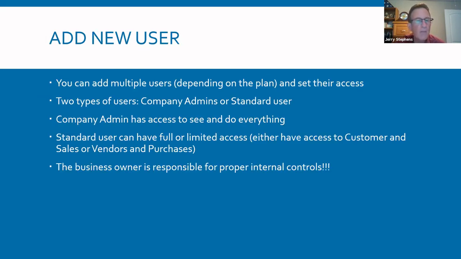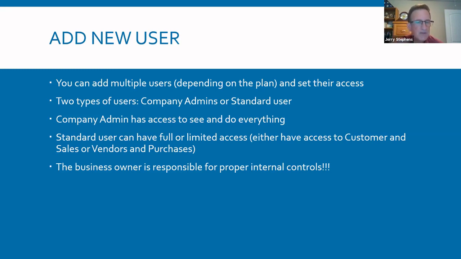As we saw from some of the different versions of QuickBooks, some of those allow multiple users, and you can set permissions and access for those users. There's kind of two main categories of users within QuickBooks. There's a company administrator or a standard user.